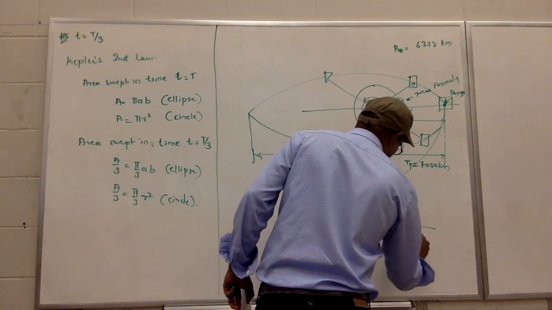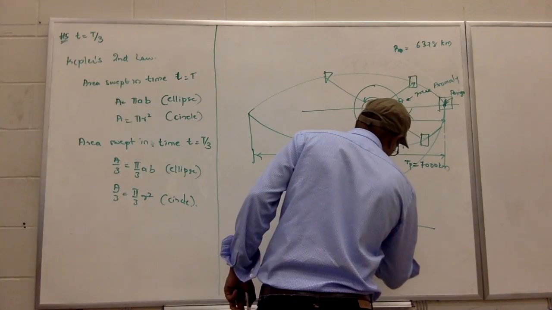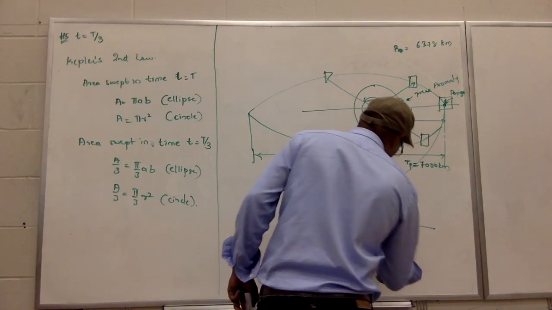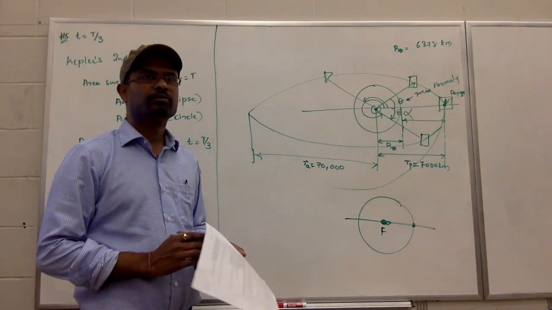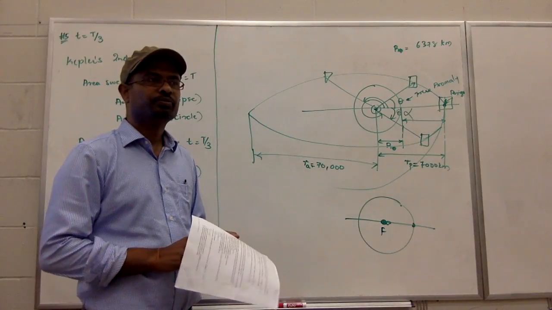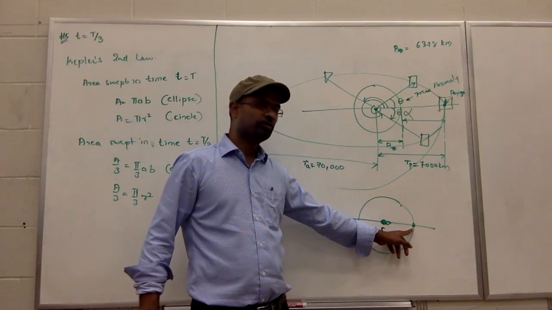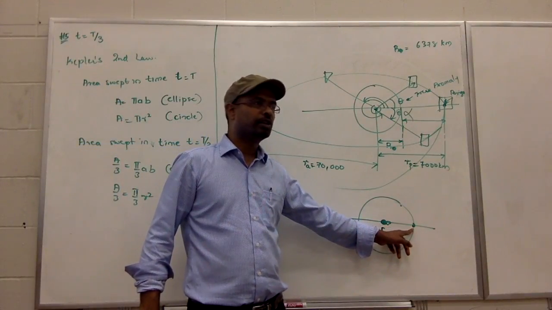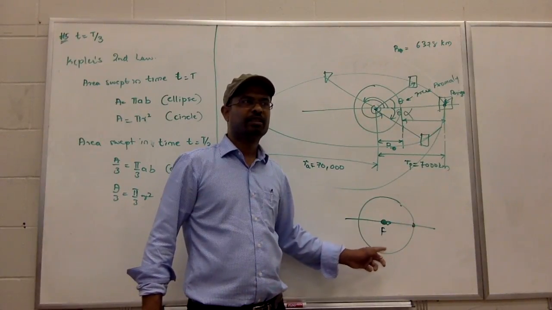Is this relative point going to be the same? Yes. Let's say I mark this as perigee, does it matter which one I mark as perigee? No. It doesn't matter, right?